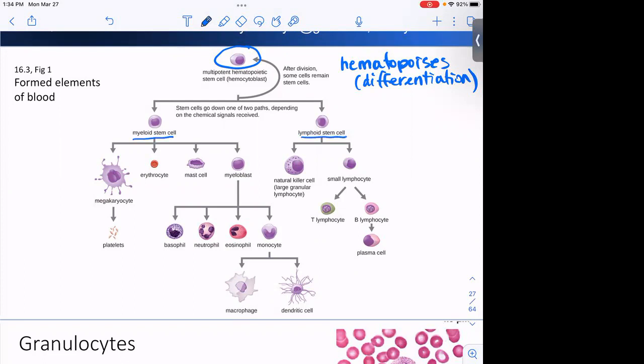The myeloid stem cells will differentiate into the platelets, which we mention here just because they're there in the bloodstream, but they really don't have much of an immune function at all. They're important for clotting blood, of course. And red blood cells, erythrocytes, they don't have an immune function either. Of course, their job is to carry oxygen throughout our body.